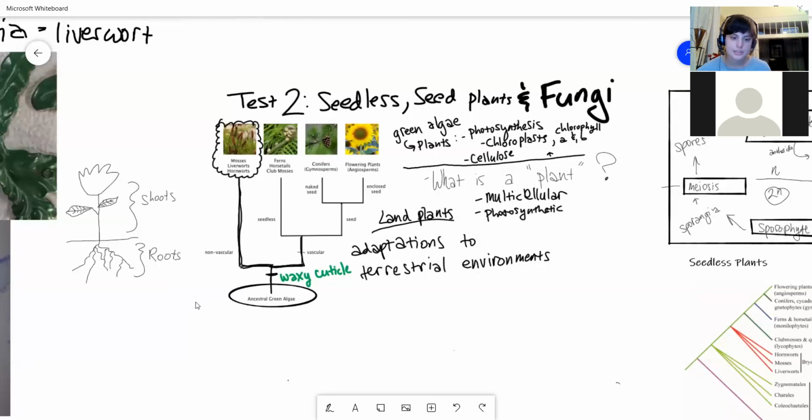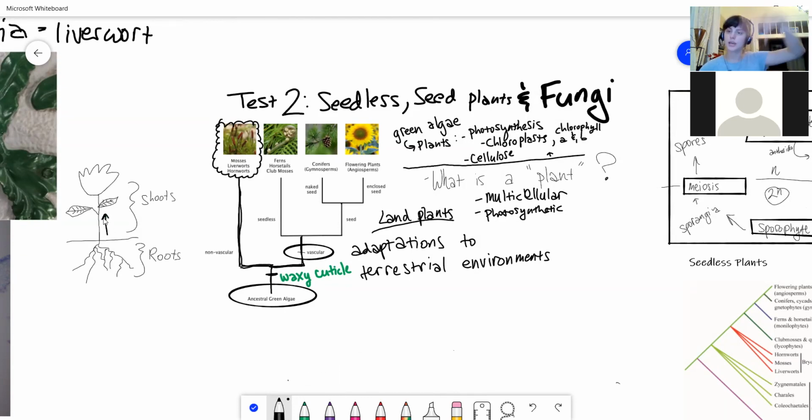That's the next big advancement in plant evolutionary history, or plant evolution. Vascular tissue allowed plants to grow taller. They could grow towards their sunlight. They really need sunlight. But they can also grow roots down.